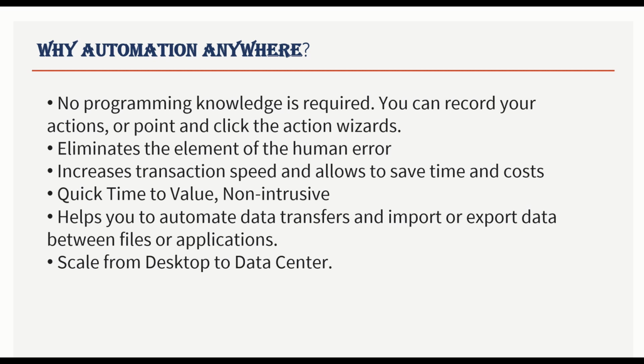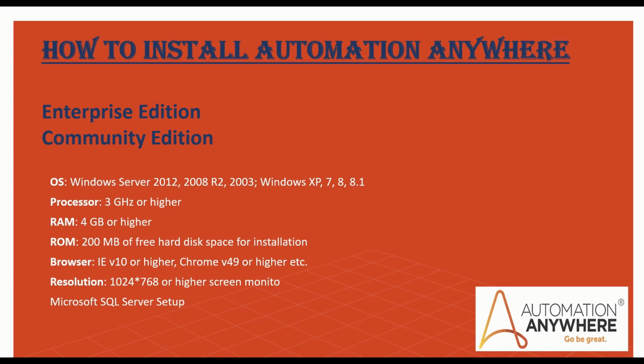Now moving to the next thing: how we can download Automation Anywhere on our system. In order to install, there are two categories. One is Enterprise Edition and the second is Community Edition. Community Edition is the free one, and for Enterprise Edition you need to have a license.